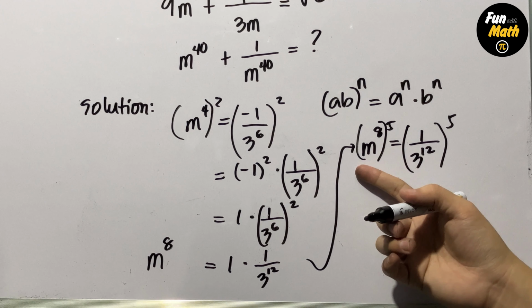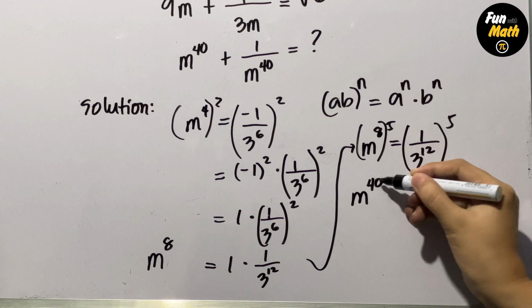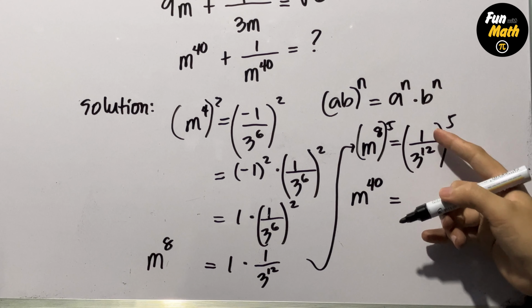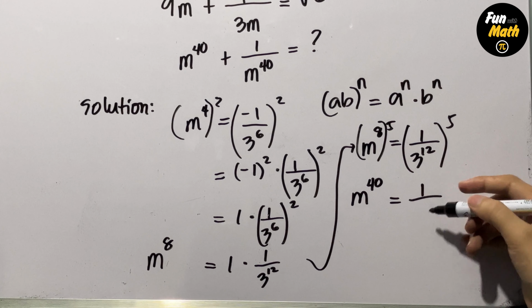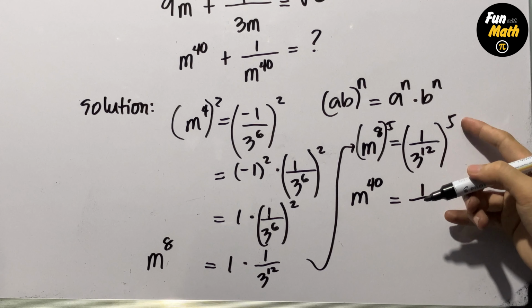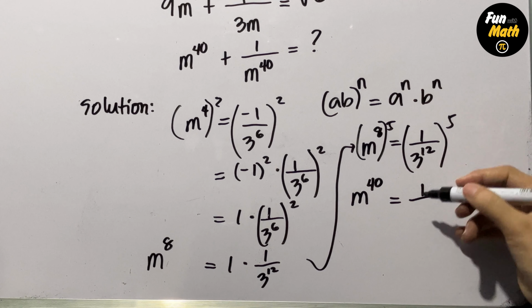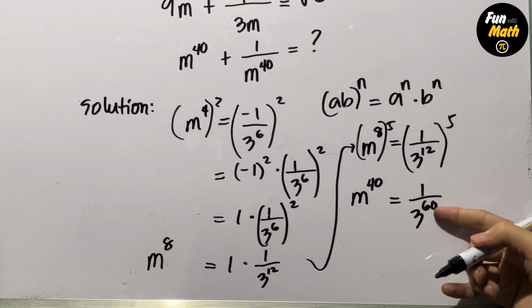Now by the rule of a power, 8 times 5, that is m to the power of 40 equals 1 to the power of 5 is 1, over 3 to the power of 12, to the power of 5. Power to a power, that's 3 to the power of 60, since 12 times 5 is 60.